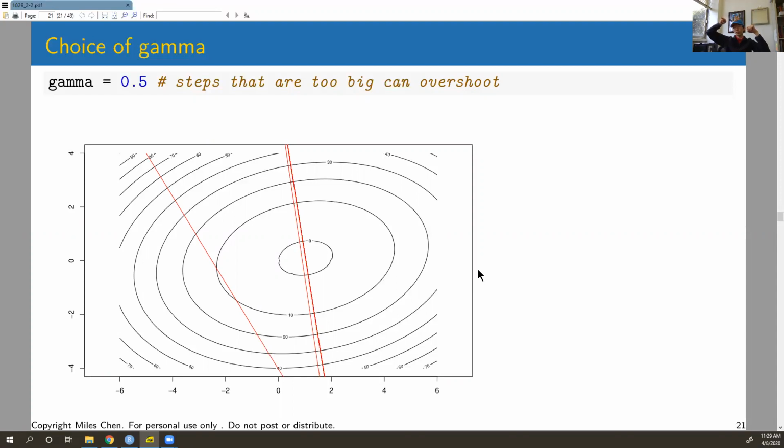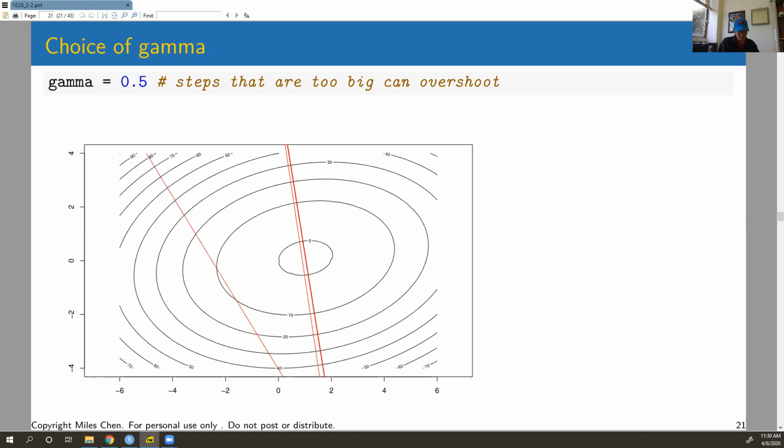And if that happens, you're going to say, oh goodness, I need to go back in the other direction. And it's going to say you need to take an even bigger step, because the size of your step is related to how steep your slope is. So you've ended up on the steeper side, and you overshoot in the other direction, and you go way too far, and it just diverges all over the place.